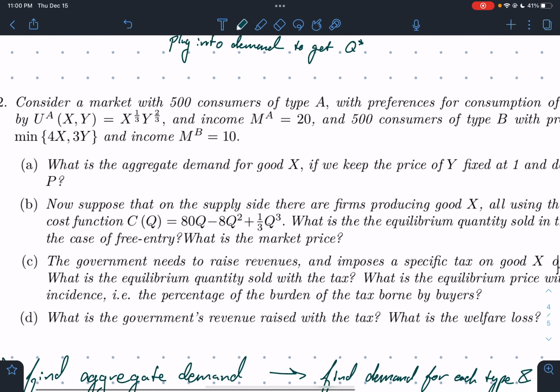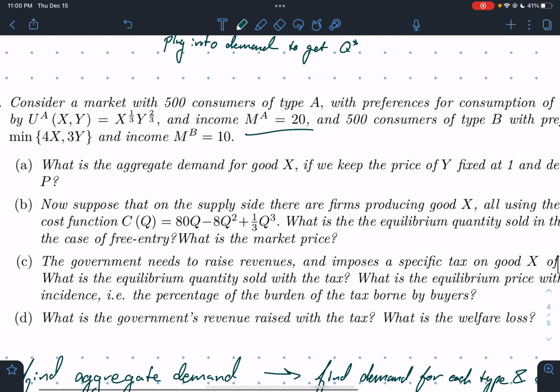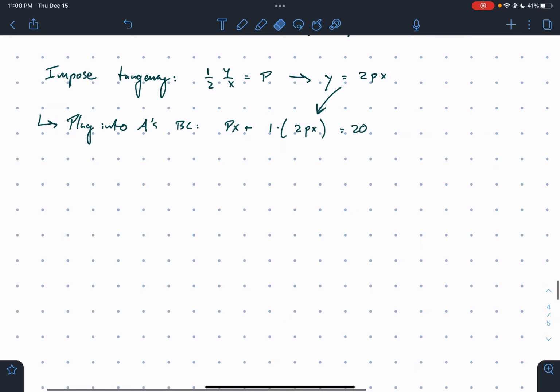Just gonna check. Yes, 20. Okay. So this means I have 3px is equal to 20. And in other words, this implies that x is equal to 20 over 3p.